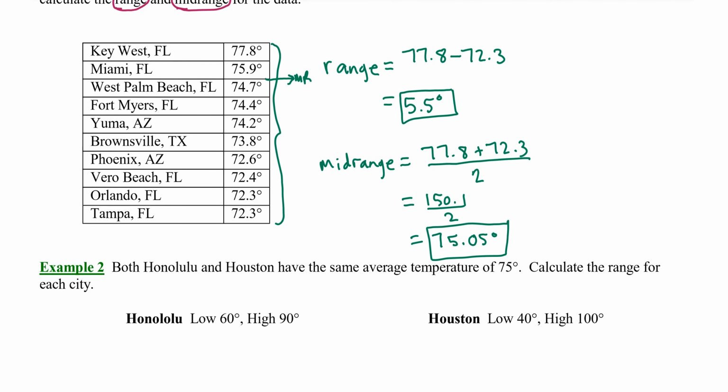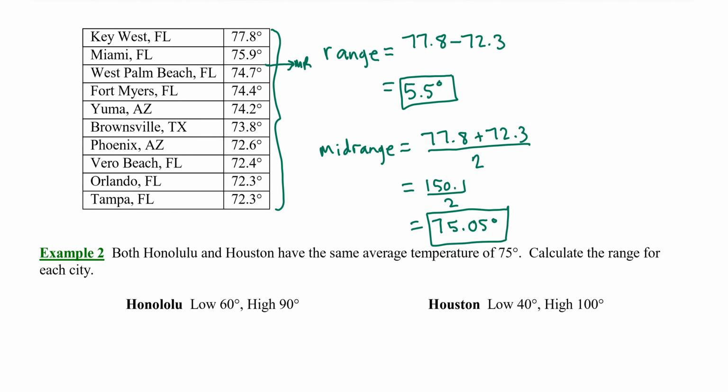Let's try example 2. Both Honolulu and Houston have the same average temperature of 75 degrees. So notice these two cities have the same mean. They have the same measure of central tendency. But these two cities experience very different weather, and we can understand this by calculating the range for each city.